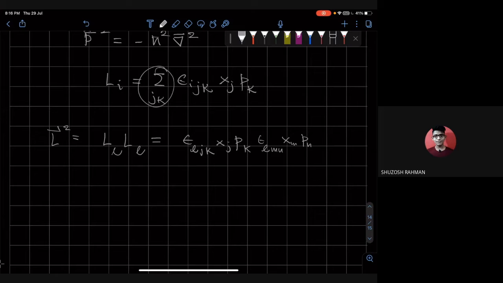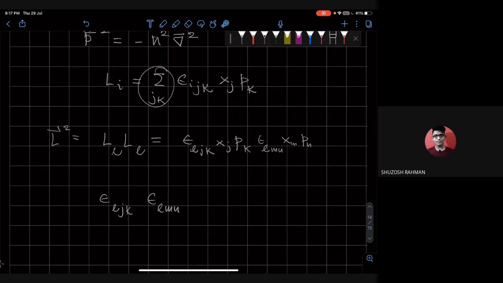Okay, so now let me rewrite this as epsilon_ljk epsilon_lmn. Now I'm going to use an identity. Notice that if I take epsilon_ljk and epsilon_lmn, there is a sum over l, right?